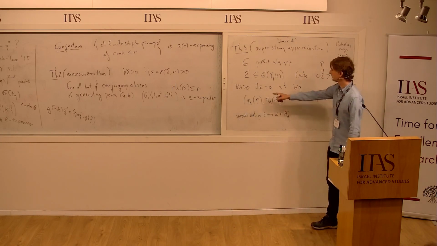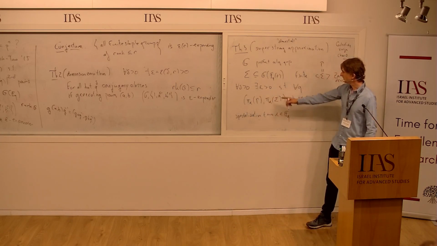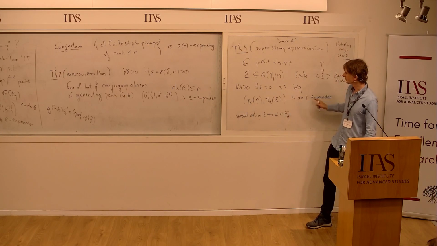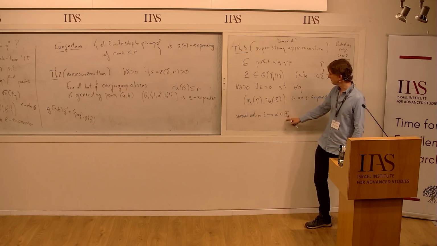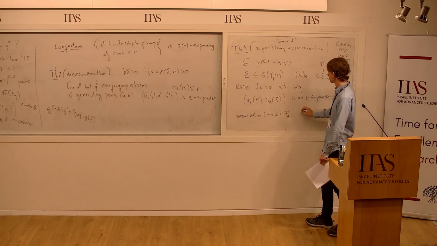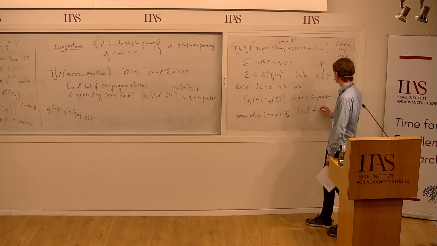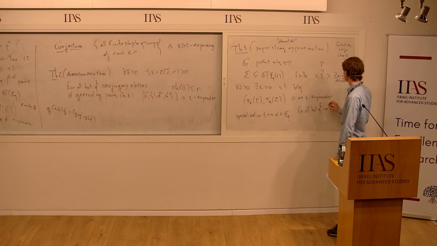So epsilon depends only on delta. And what is delta doing here? It says that it's an epsilon expander, maybe not for all values of alpha, but for all but q to the delta values of alpha in Fq.